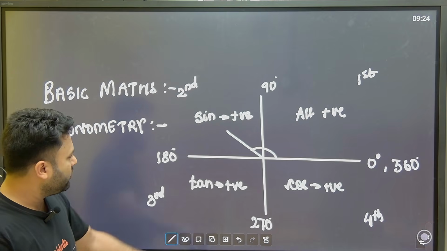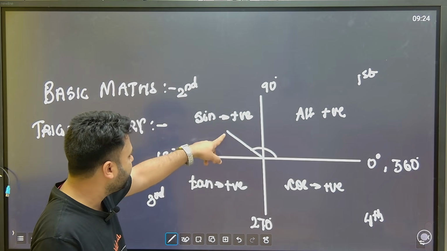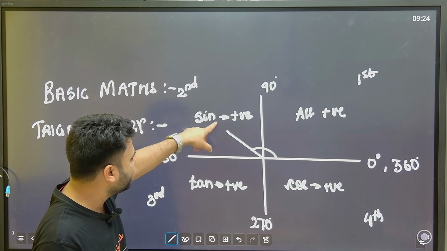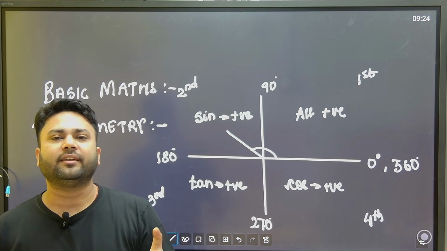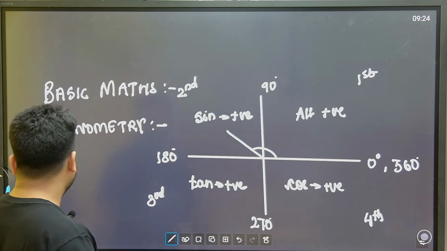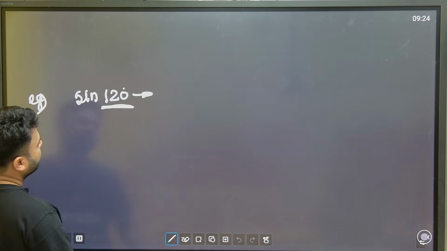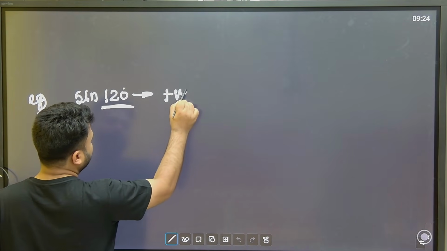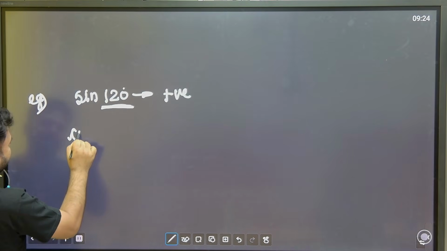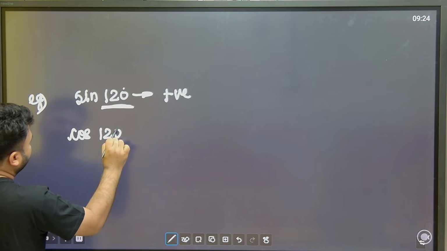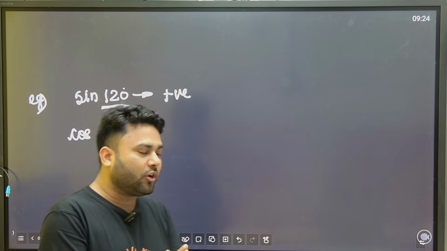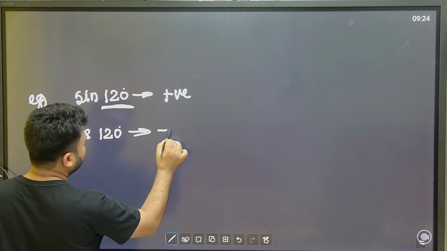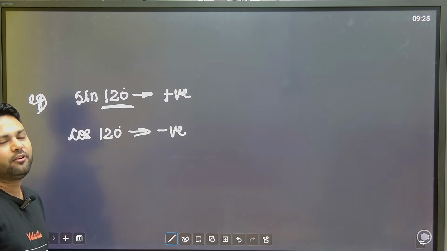So 120 degree lies between 90 and 180, that is the second quadrant, and in the second quadrant sine is positive. So whatever value comes will be positive. But suppose someone asks the value of cos 120. We know that in the second quadrant only sine is positive, so cos will be negative.